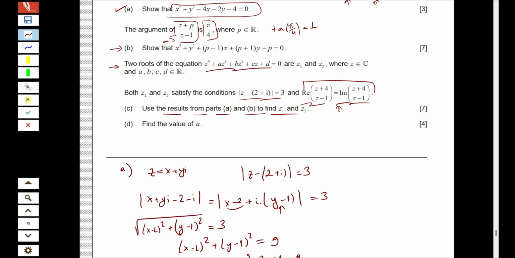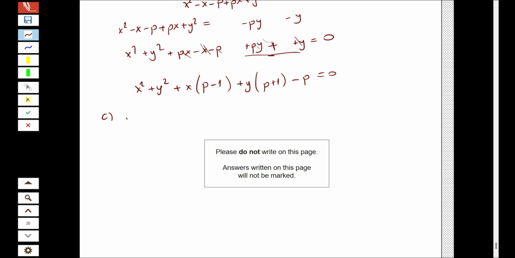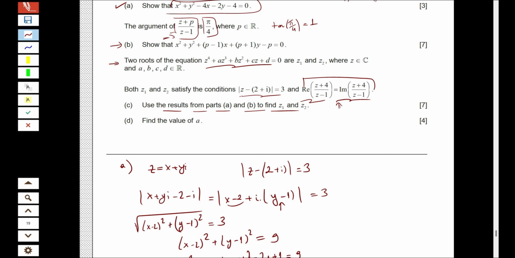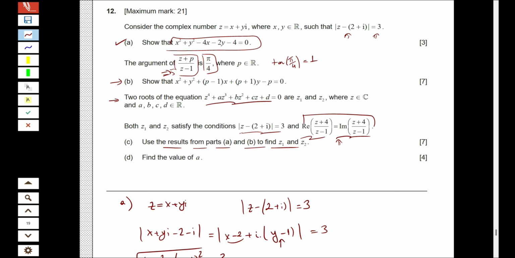It means from here you can write P is 4, because to use this condition from question A, we need this condition too. The real part and imaginary part of the complex number need to be equal to each other.